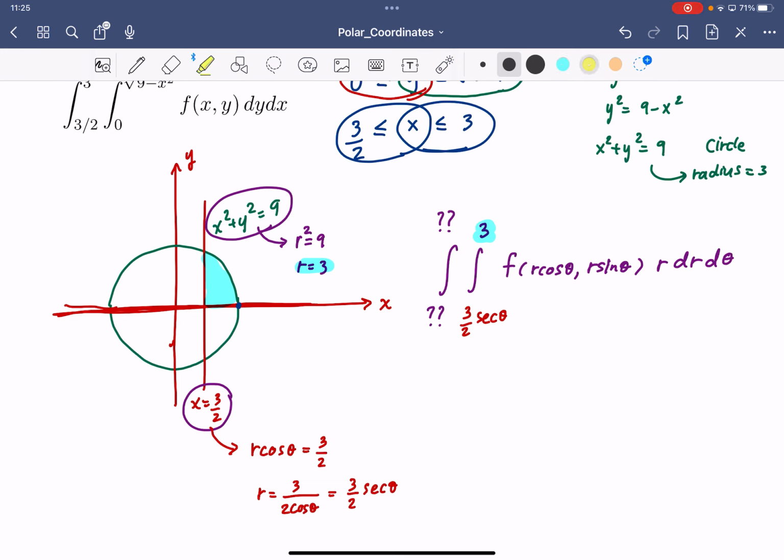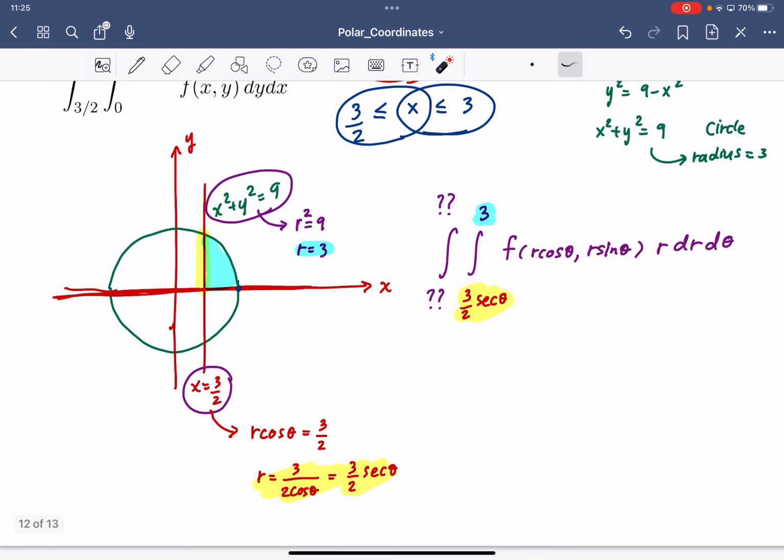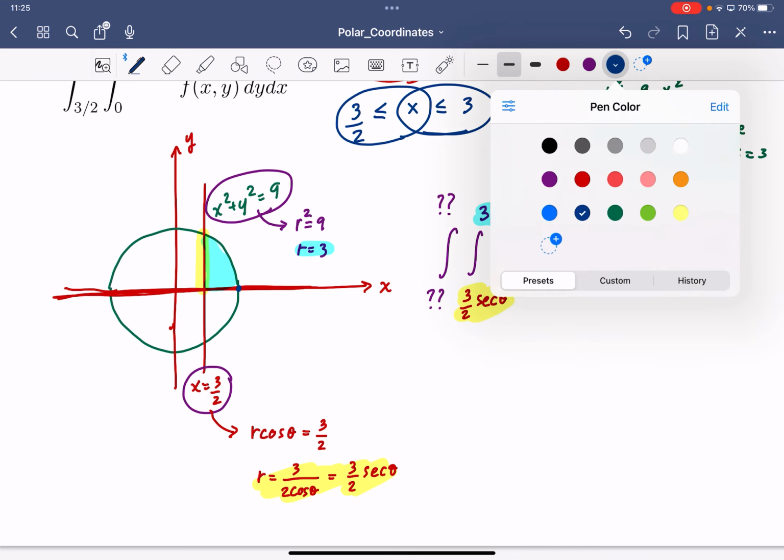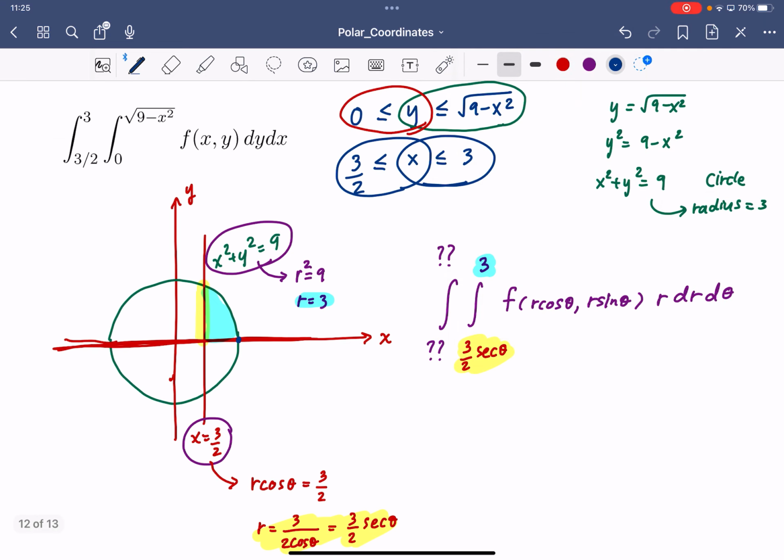So this part that I highlight in yellow, this is the one that you use this line as it. And then now, your theta here is gonna be from where to where? This one is a little bit challenging, in terms of you need the ray here, right? Because you actually need to know what theta is.